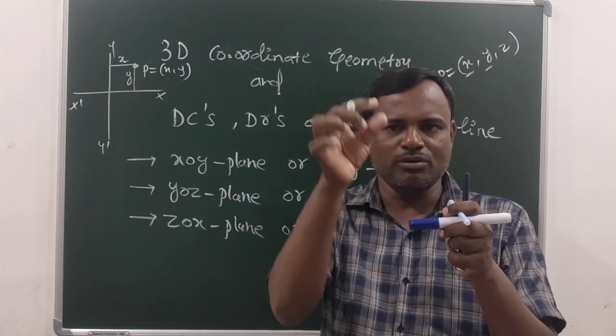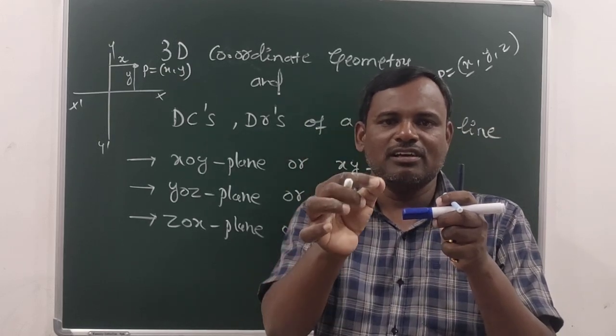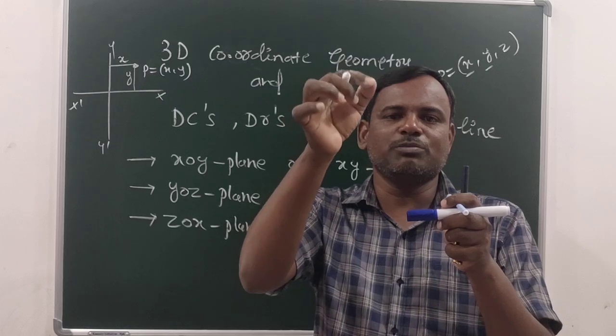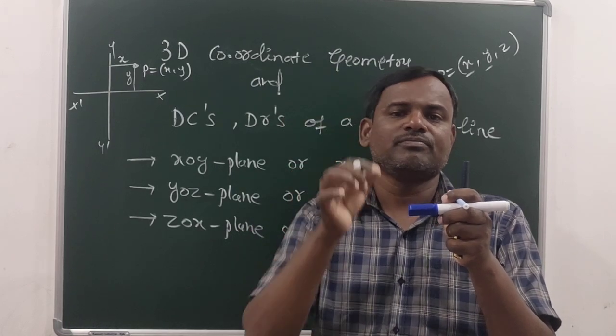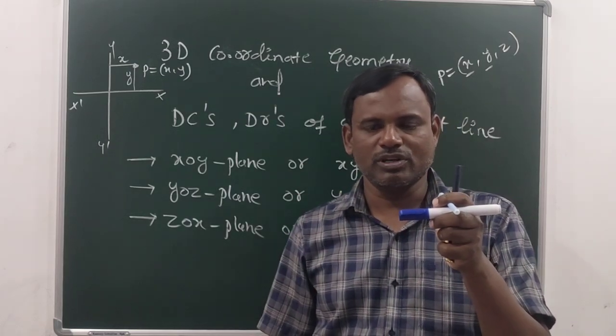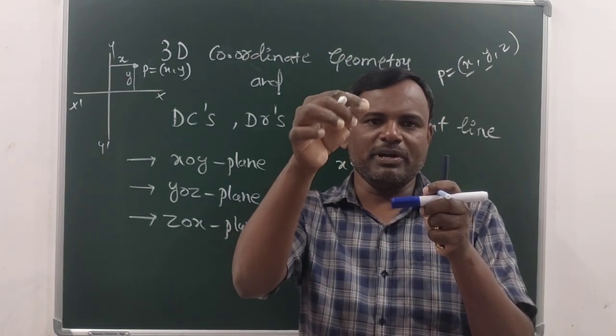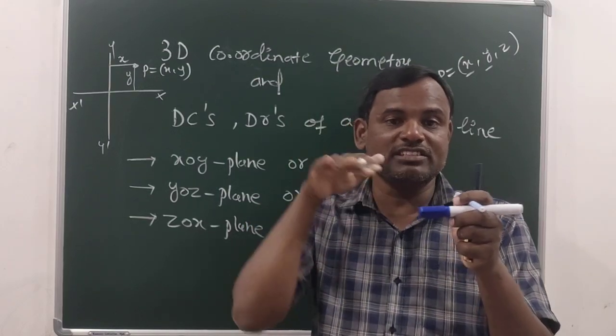This length is equal to this length on the z axis. Hence, the z coordinate of this point is the perpendicular distance from that point to the xy plane. Sorry, students.